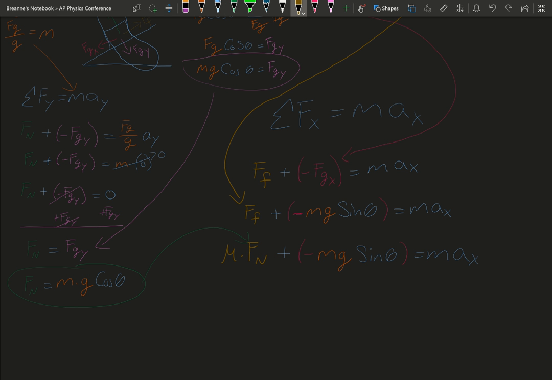So we get mu times our mass times acceleration due to gravity cosine theta plus mass times acceleration due to gravity sine theta equals mass times acceleration.